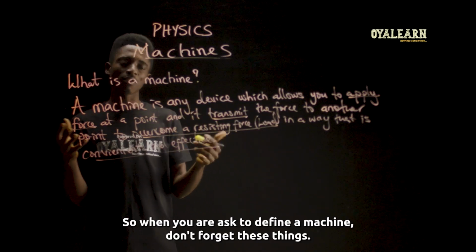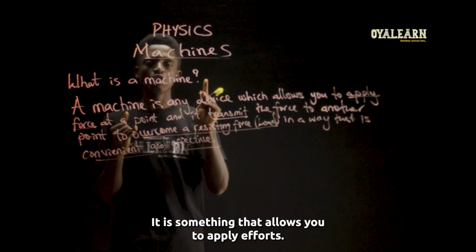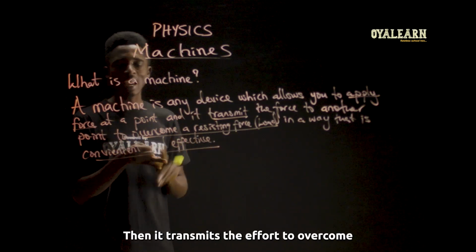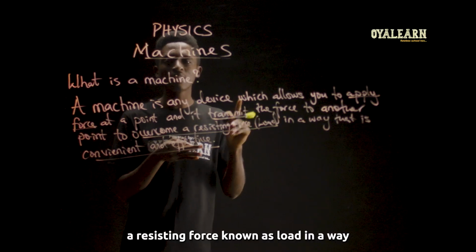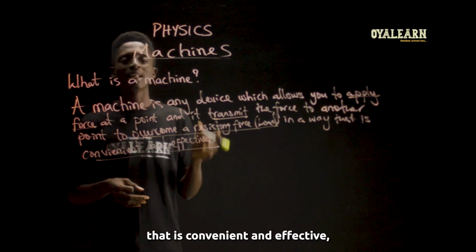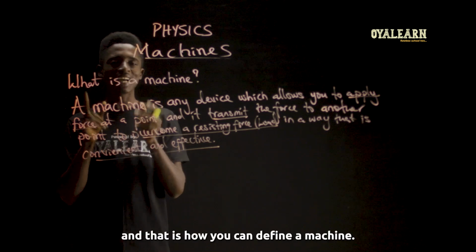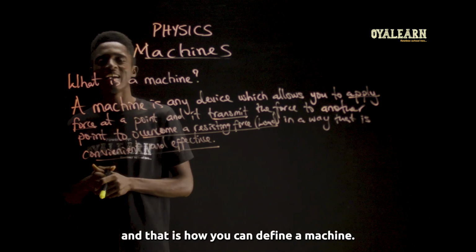So when you're asked to define a machine, don't forget these things. It is something that allows you to apply effort, then it transmits the effort to overcome a resisting force known as load in a way that is convenient and effective. And that is how you can define a machine.